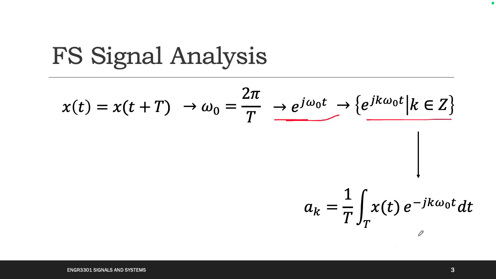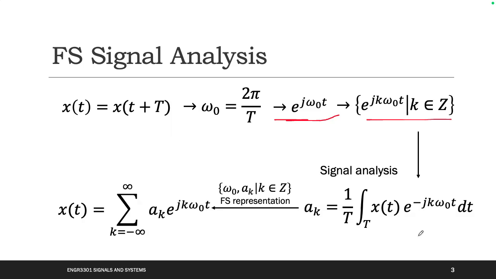And if you have the FS coefficients, we call it signal synthesis, you will have the FS signal, am I right? You can use a_k to represent the original signal. This is the Fourier series representation for signals.